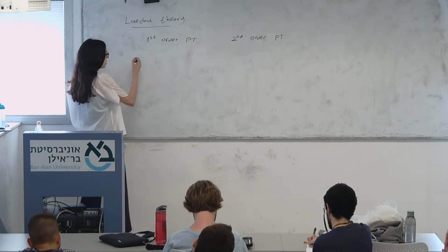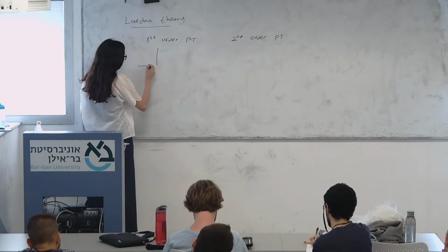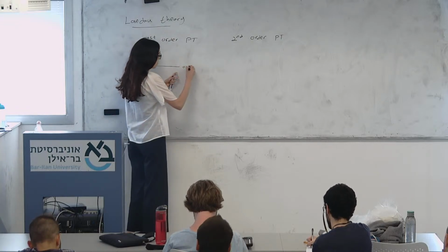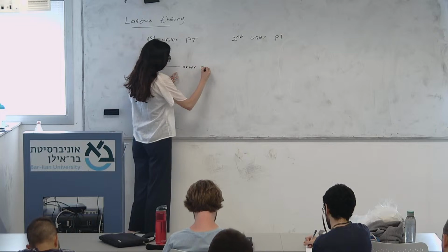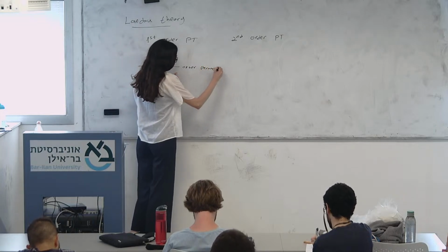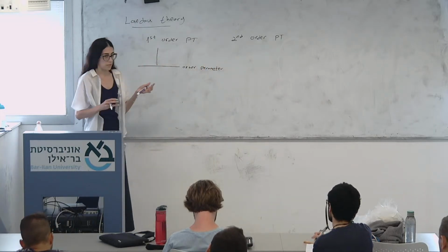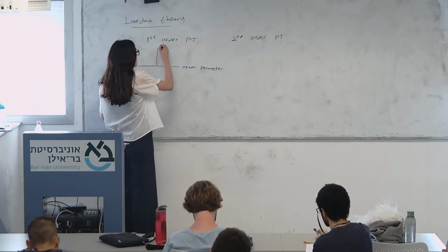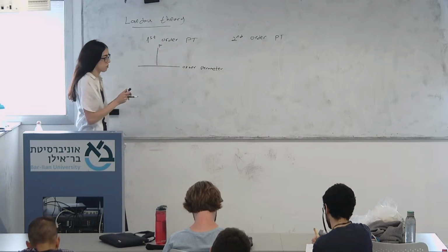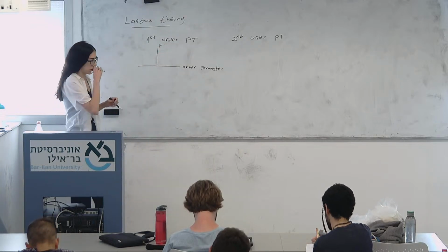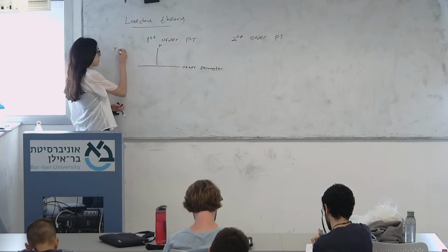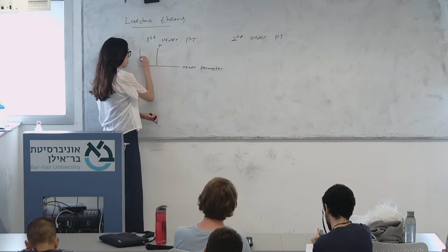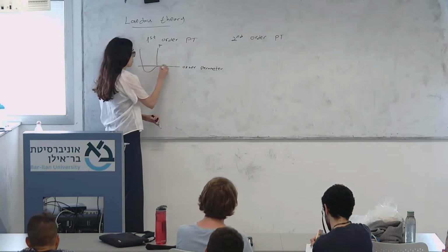So what happens is that you look at the free energy versus some order parameter. In our case, usually the order parameter is magnetization, but you don't have it in first order, so I'm just going to write a general order parameter. If you look at temperature T smaller than the critical temperature, you're going to have something with some minimum point.